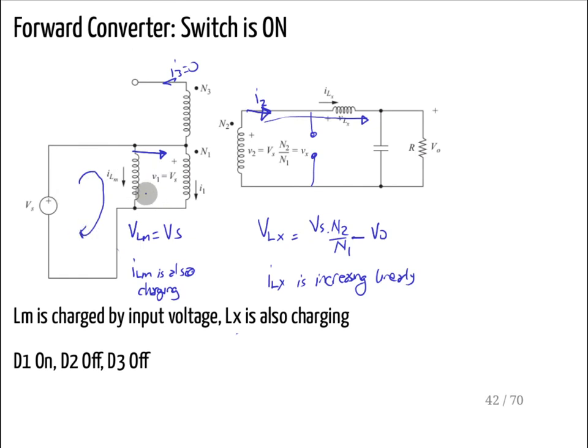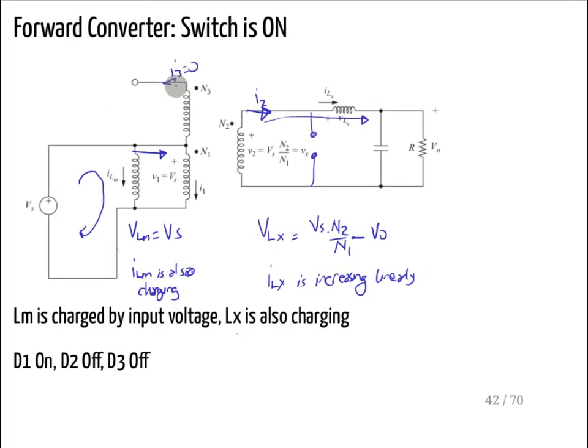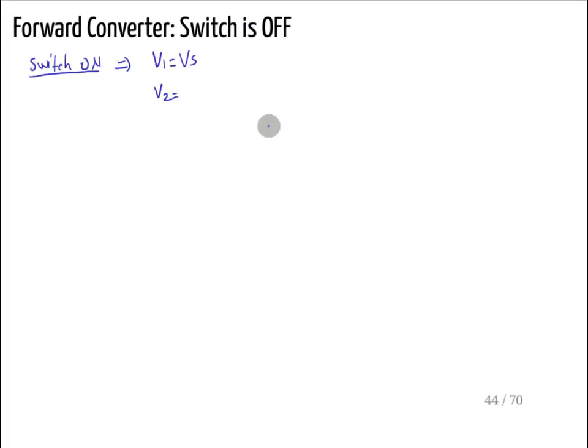So V1 is equal to Vs during that time. And V2, the secondary voltage here, is V1 times N2 over N1, that is Vs times N2 over N1.